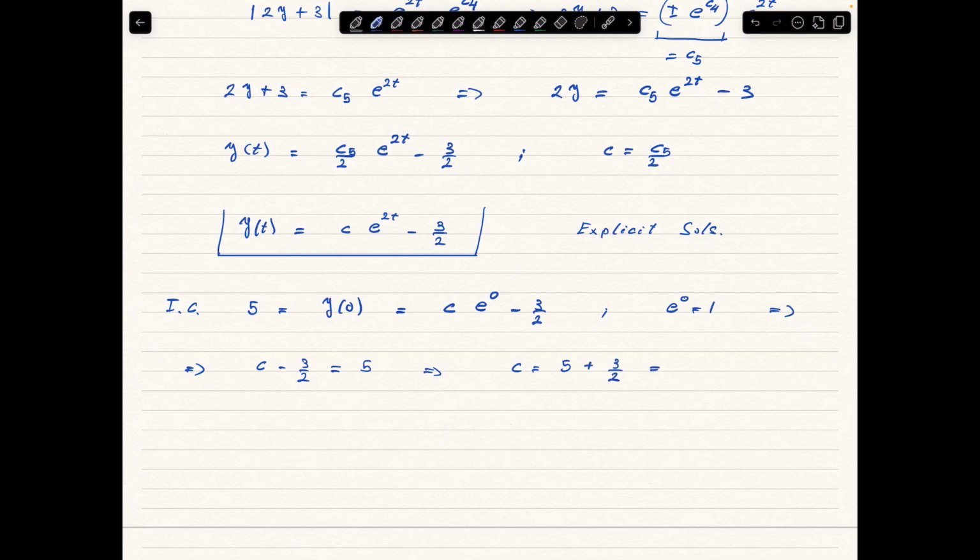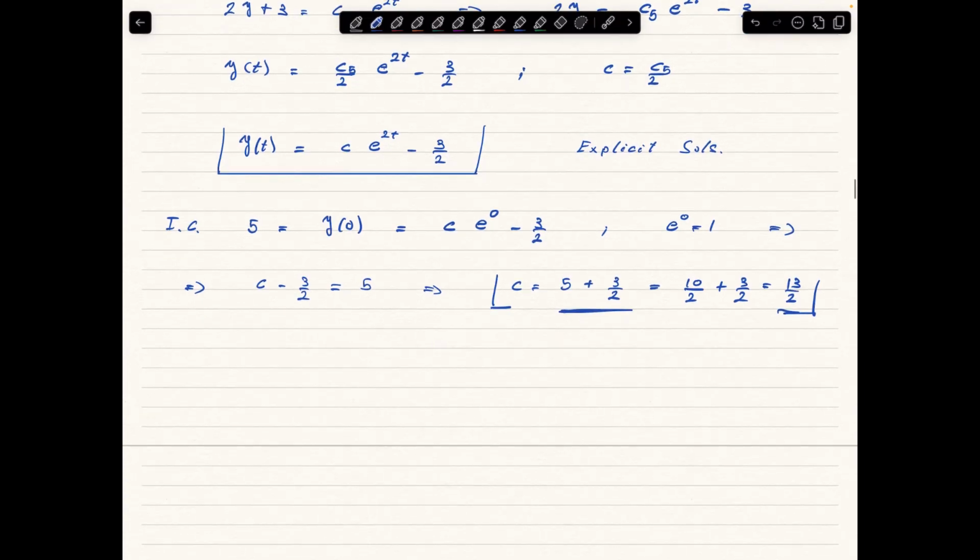Very simply, we have 10 halves plus 3 halves, so this is 13 halves. We can leave it as 13 halves, so C is 13/2. I'm going to use this formula, which is 13/2, but I want to keep it like this because you're going to see in a minute.